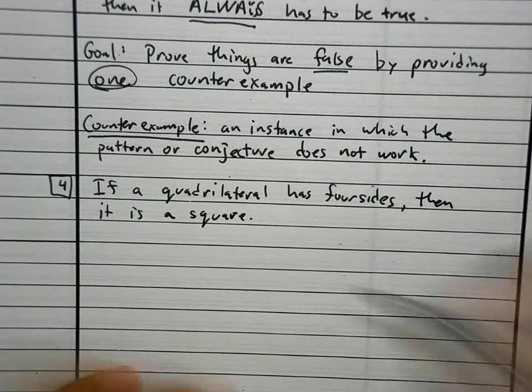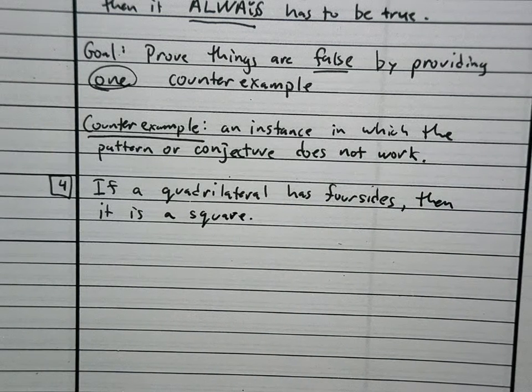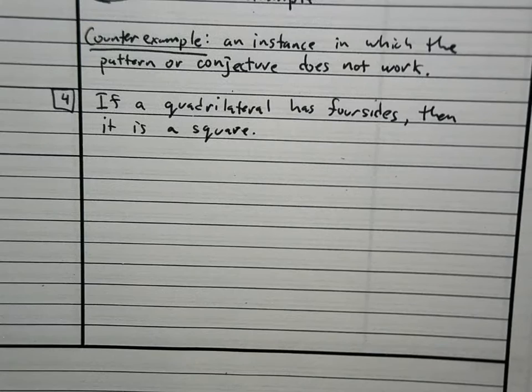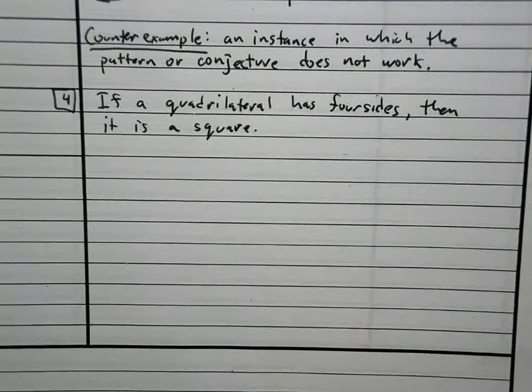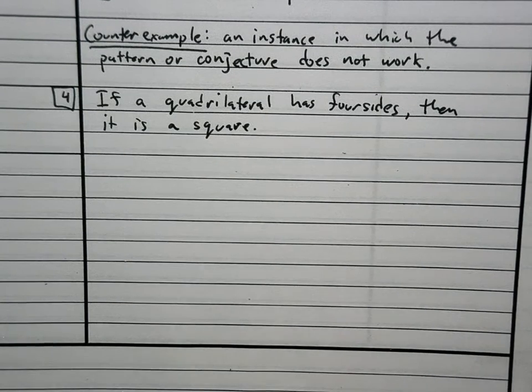This is the weirdest kind of math that we do almost all year right here, because it's reasoning. If a quadrilateral has 4 sides, then it is a square.